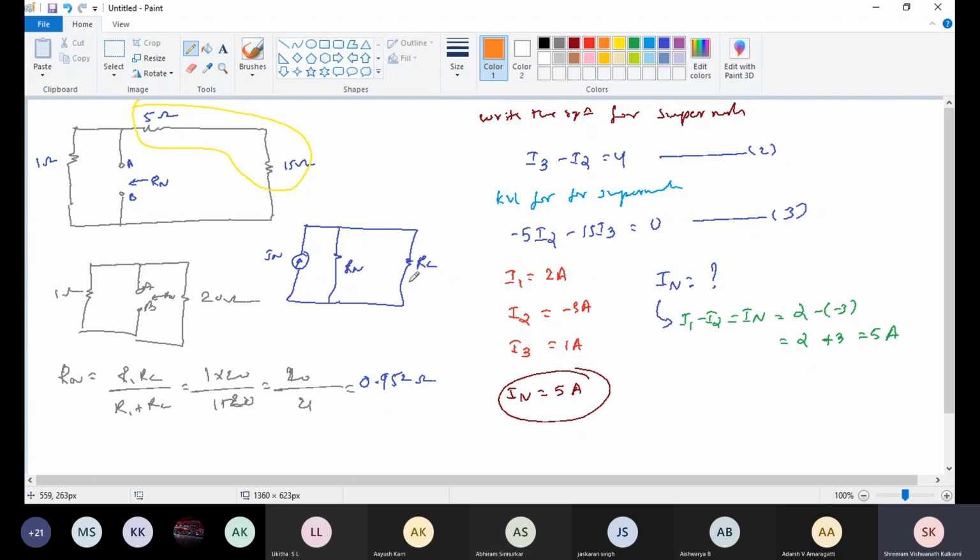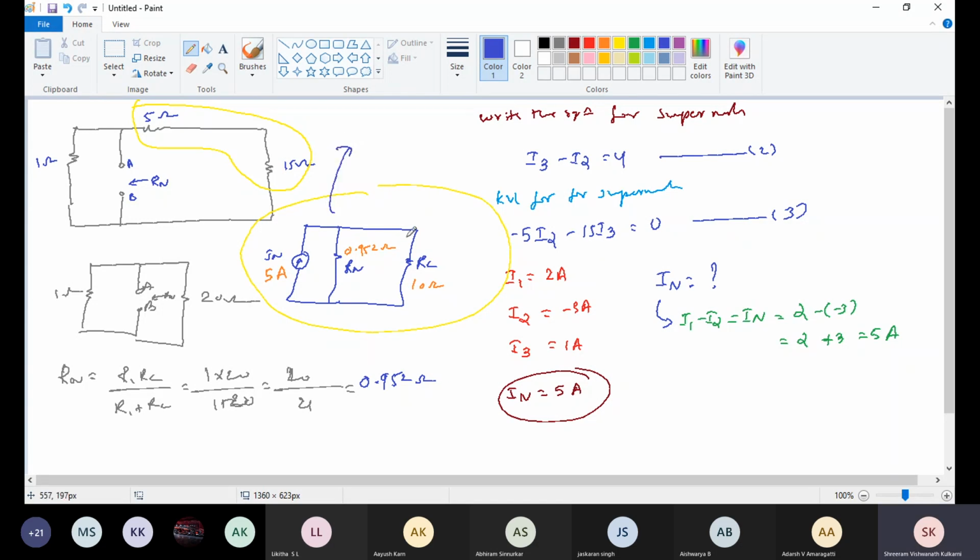That is nothing but my load resistance RL. This is 10 ohm. This is 0.952 ohm. This is 5 ampere. This is my equivalent circuit.